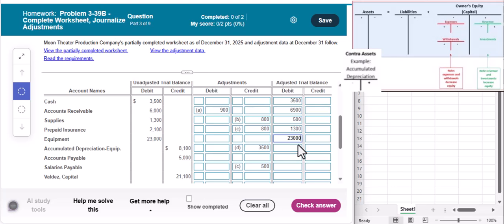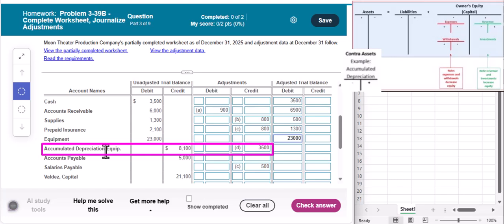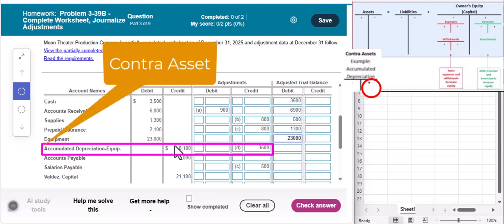Now our contra asset, accumulated depreciation, equipment, that sits on the credit side. So it looks like we had a previous balance of 8,100 and then we added 3,500. So that is going to be 11,600 on the credit side, since that is where contra assets' regular balance sits.